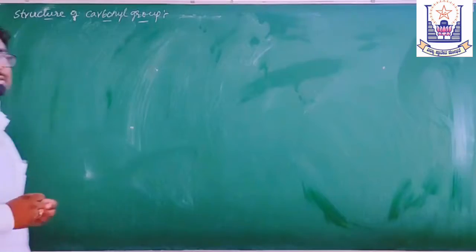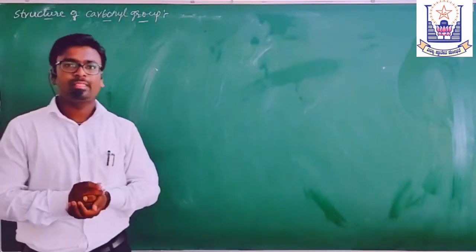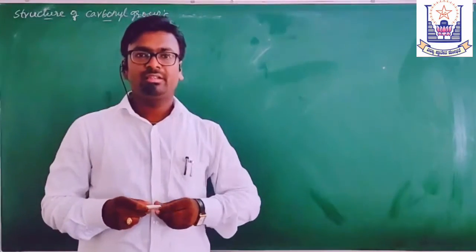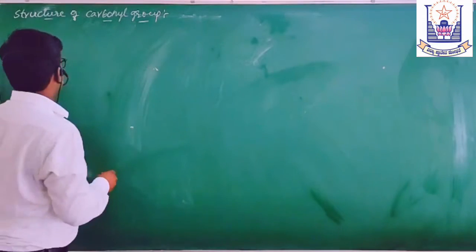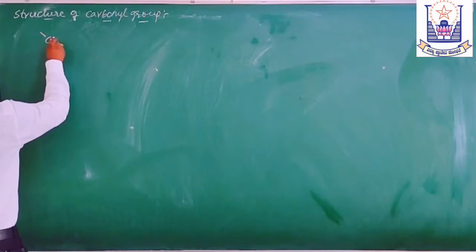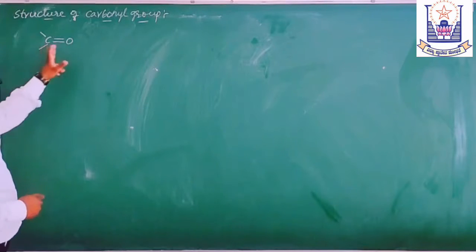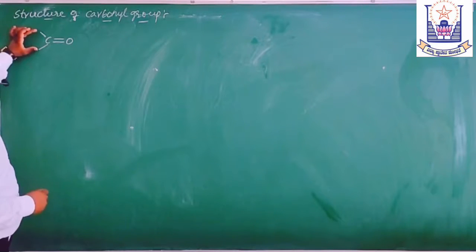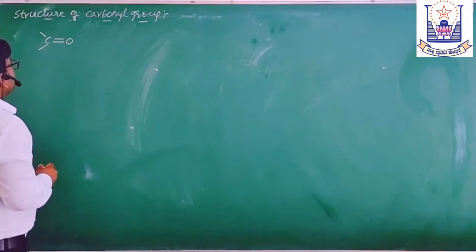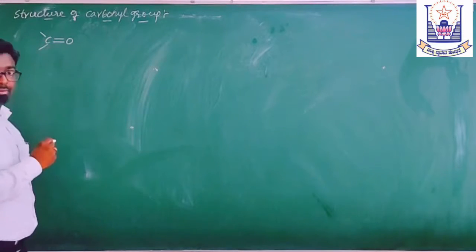Now let us discuss the structure of the carbonyl group. Let us see what idea we get from this discussion. Let's take the carbonyl group. There will be a C double bond O, and these bonds will be connected to alkyl or aryl groups. Here you can see that this carbon is surrounded by 3 sigma bonds.